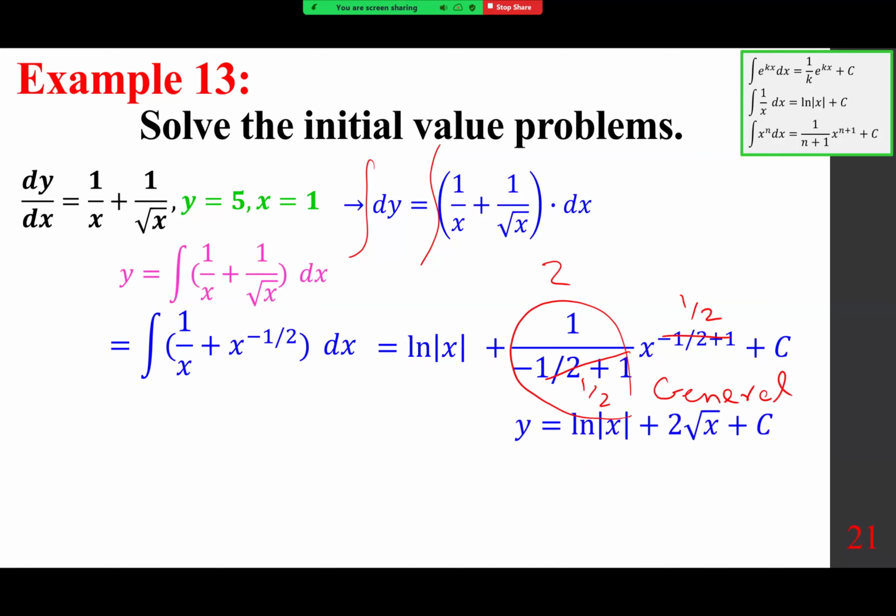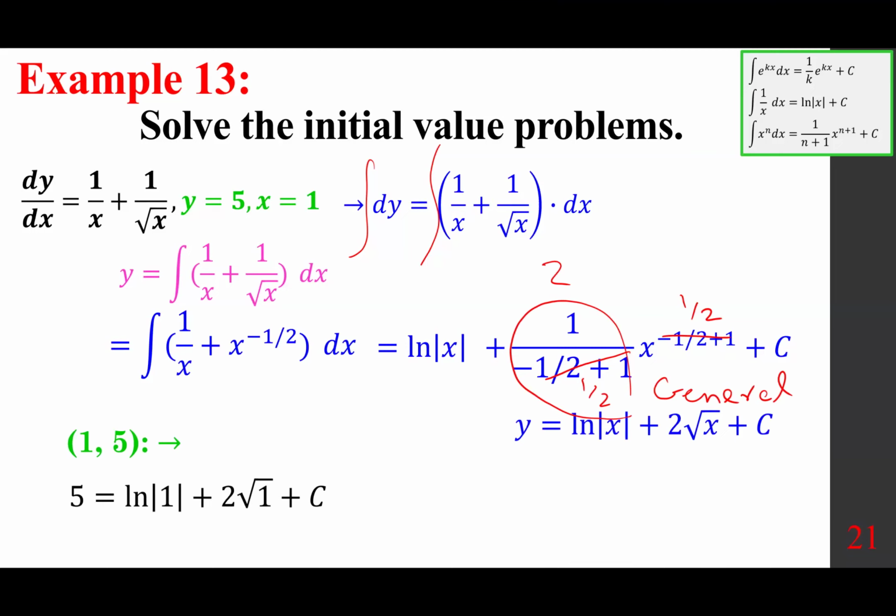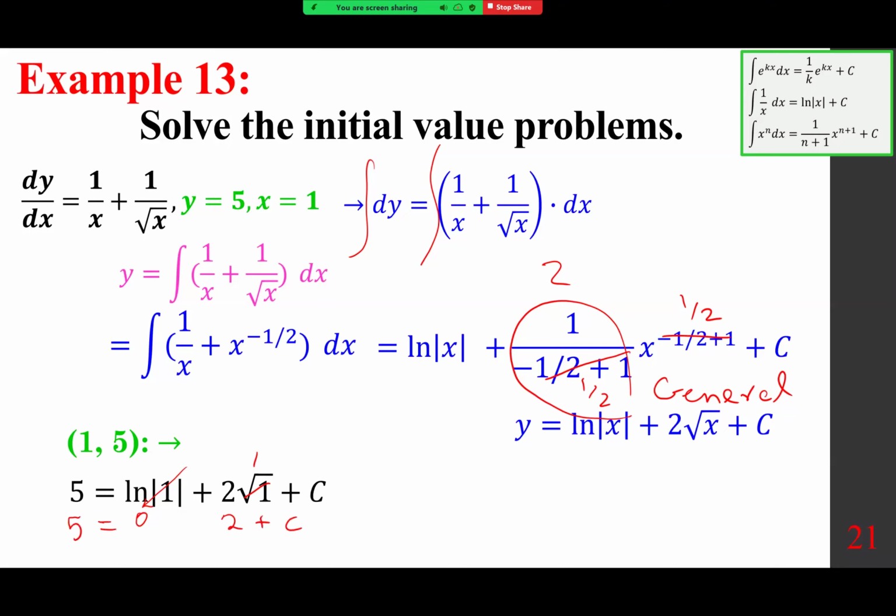Now, we have a pair 1 comma 5. If we plug in, we can find the value of the constant. So let's plug in x equals 1 and y equals 5. As you know, ln 1 is 0. This is 1. So you're saying 2 plus what number is equal to 5?